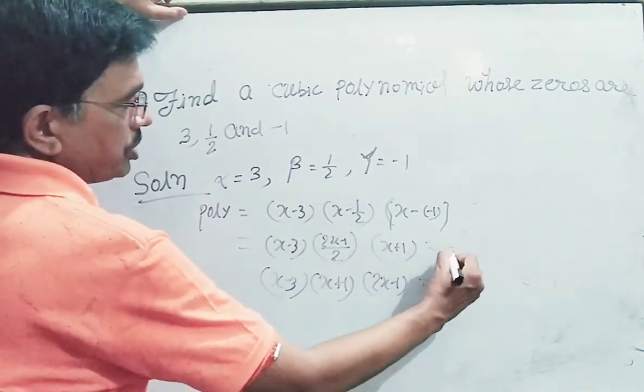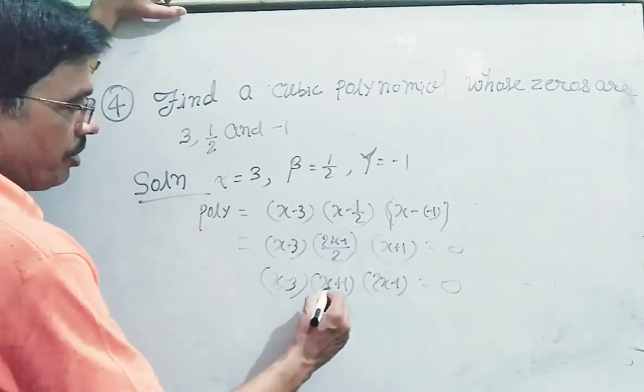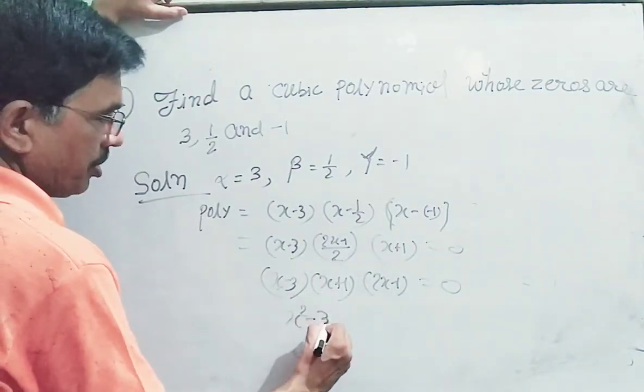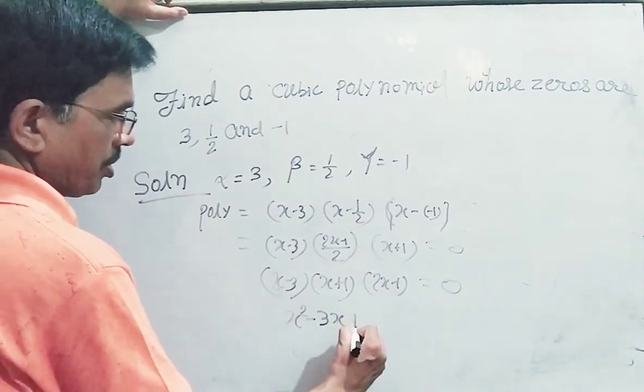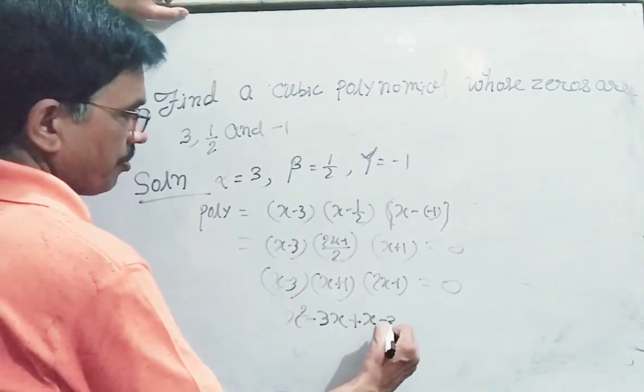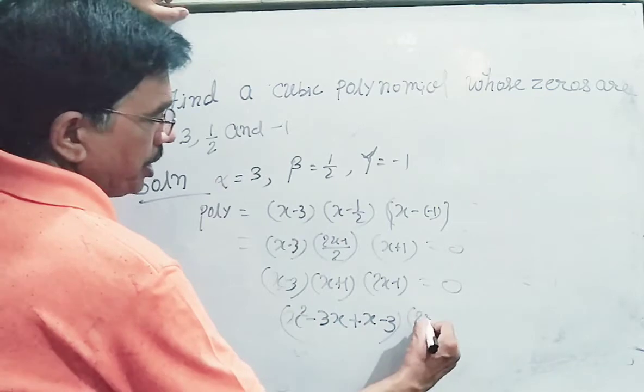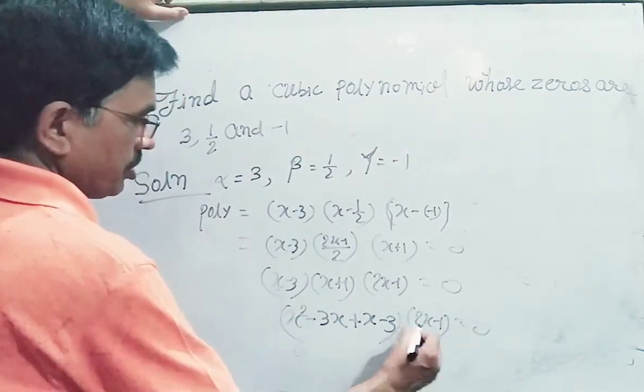This 2 goes to that side, then you get 0. And multiplying, you get x square minus 3x plus x minus 3, and it is 2x minus 1 is equal to 0. Now multiply.